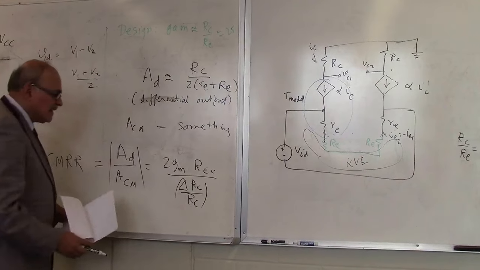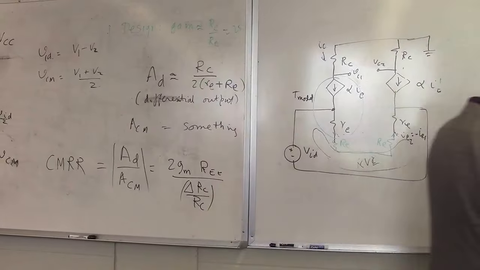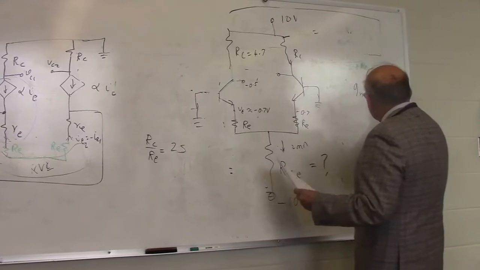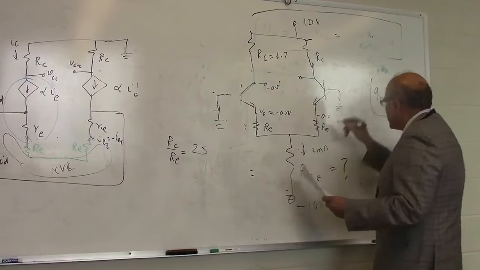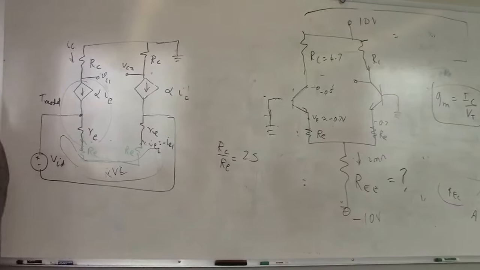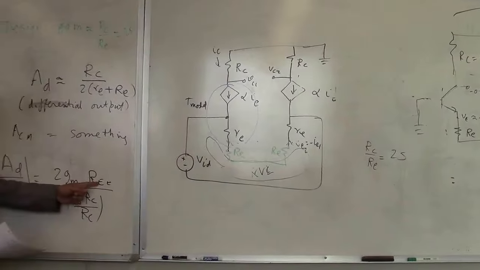And GM of course is dIC over dVBE. So this is the formula for this. So it's dependent on RE and it's dependent on RC.